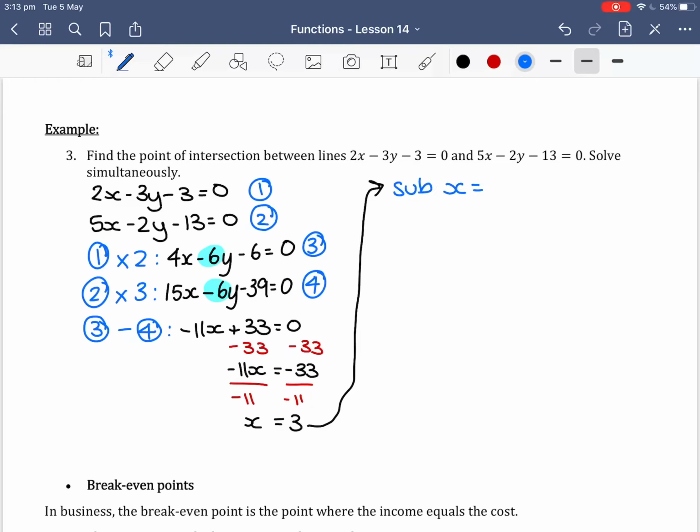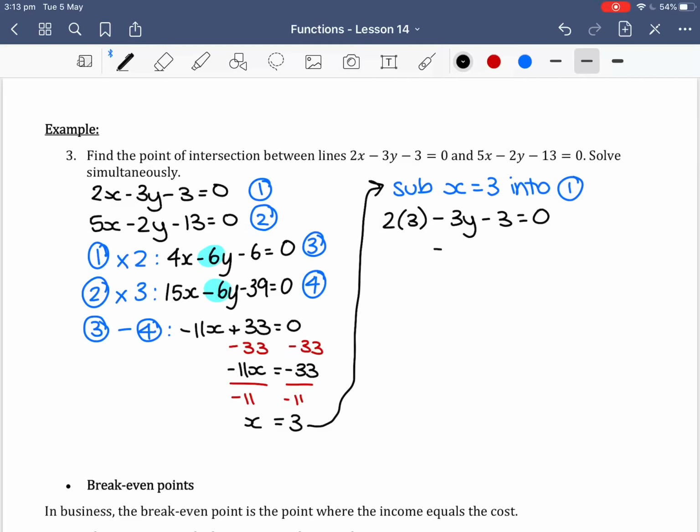We're going to sub x equals 3 into equation 1. When we do this, you can pick any equation 1, 2, 3 or 4 that you like. So it will be 2 times 3 minus 3y minus 3 equals 0.